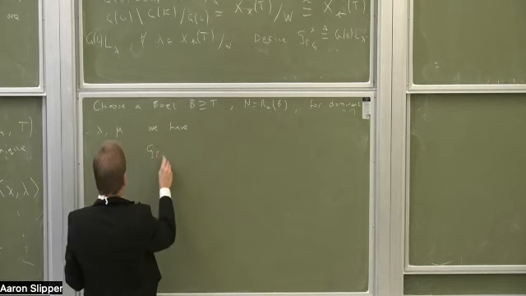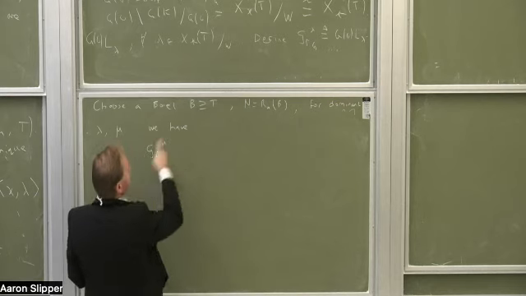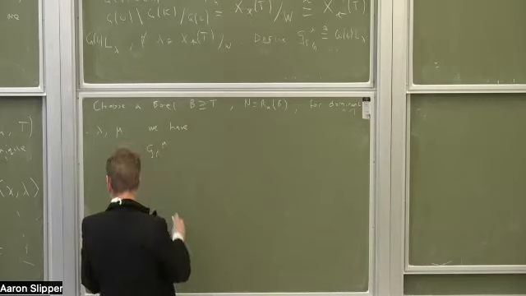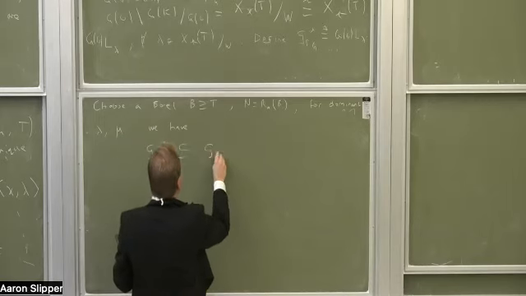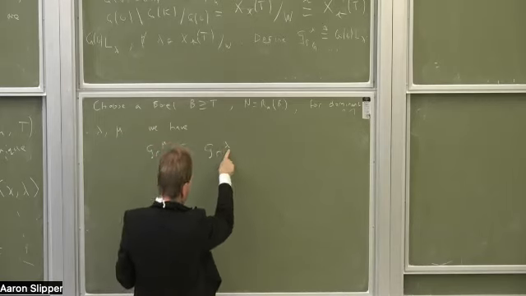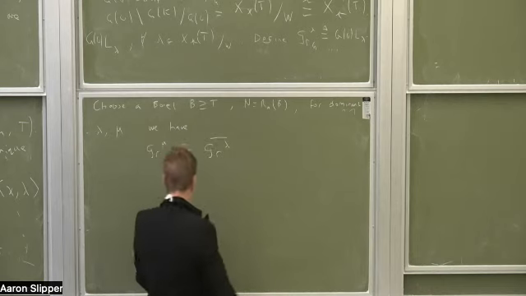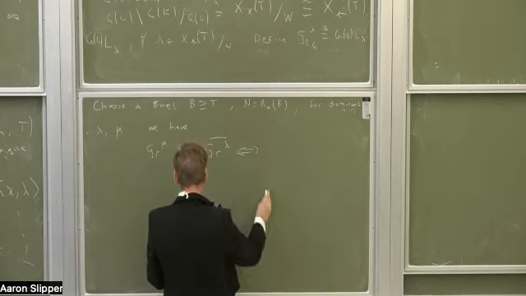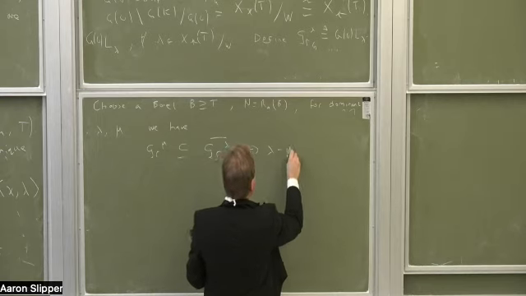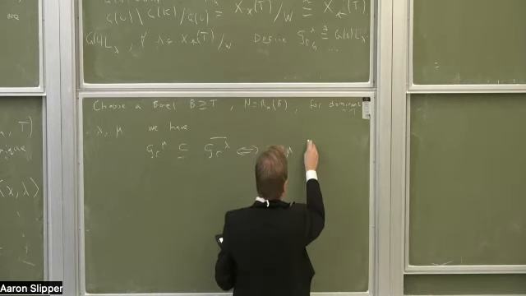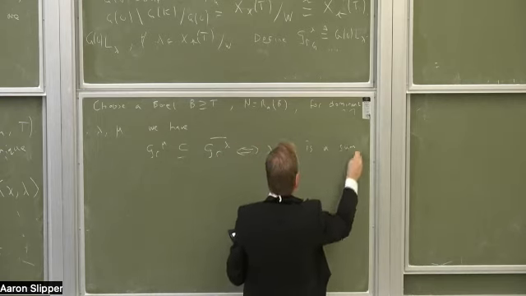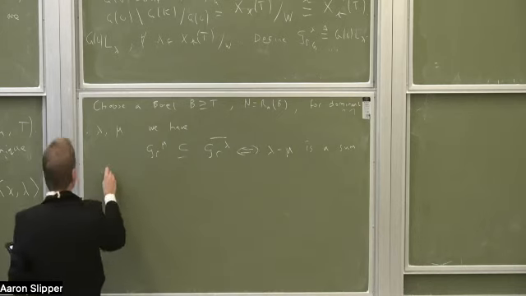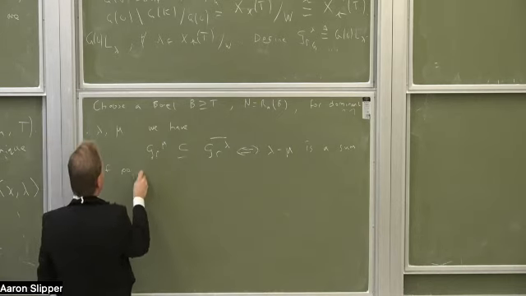The mu orbit is contained in the closure of the lambda orbit precisely when lambda minus mu is a sum of positive coroots. This is standard.